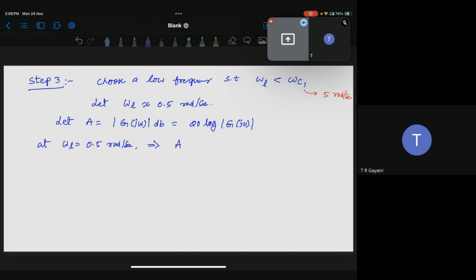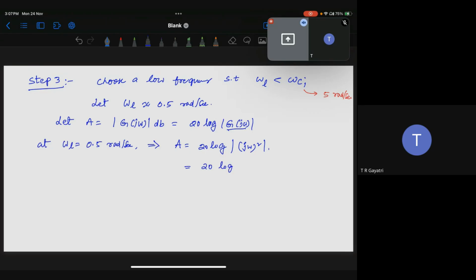So what is my A value? A value is going to be 20 log |(jω)²| up to that point, because up to ωc1 the dominating term is (jω)². That's why we took that only as G(jω). Now substitute it.